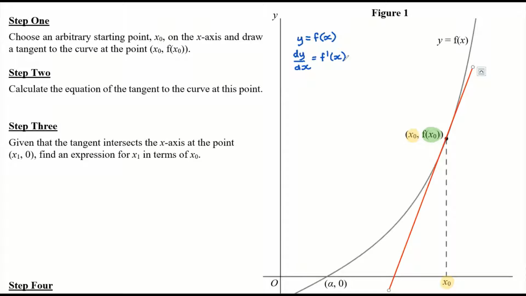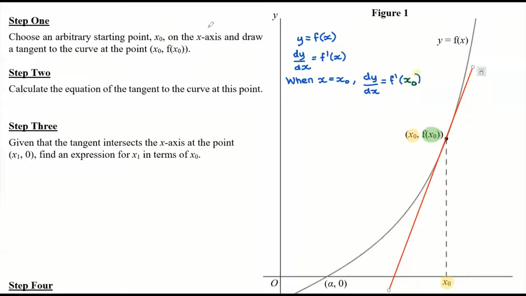Now, at a particular point, x naught, so when x is equal to a specific value x naught, we now know that the derivative dy by dx is going to take on a specific value as well. And we can call this f dash of x naught. I'm just going to put that x naught in a different color just to highlight it. Okay, now that value of the gradient is a value.